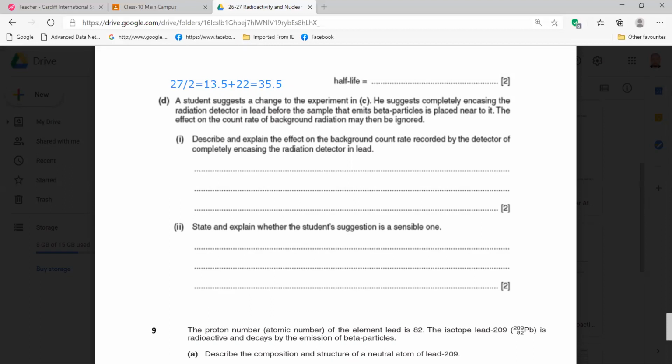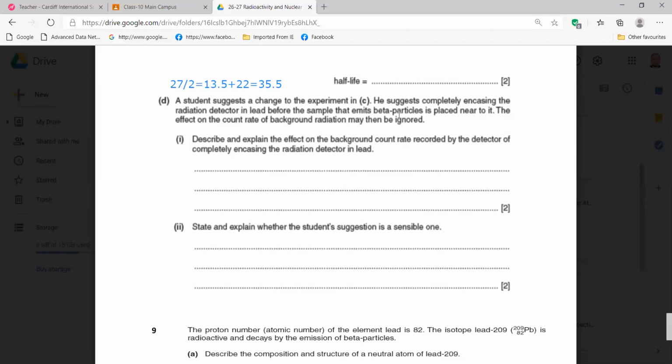So if you are giving beta particles from the source, and you are keeping the detector inside the lead box, then will you be able to get any reading from the source?